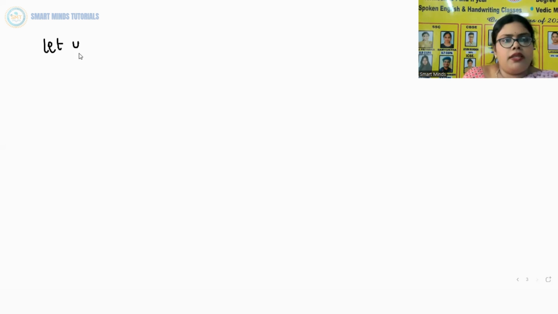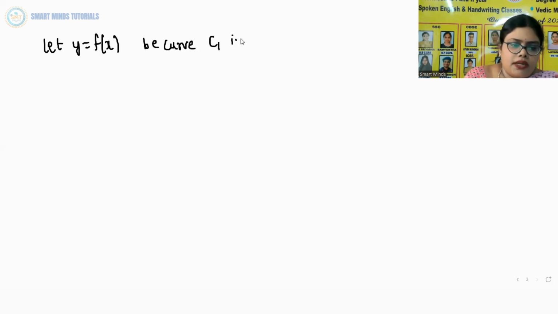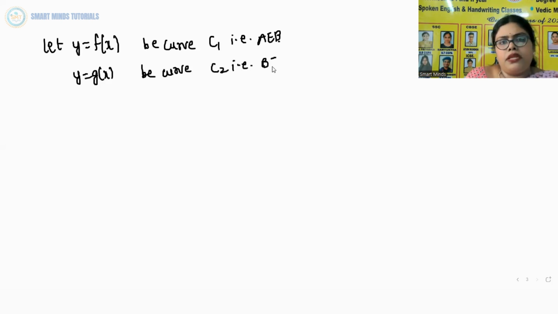Now let y equals f of x be curve C1, that is AEB, and y equals g of x be curve C2, that is the curve BFA, if you look at the figure.